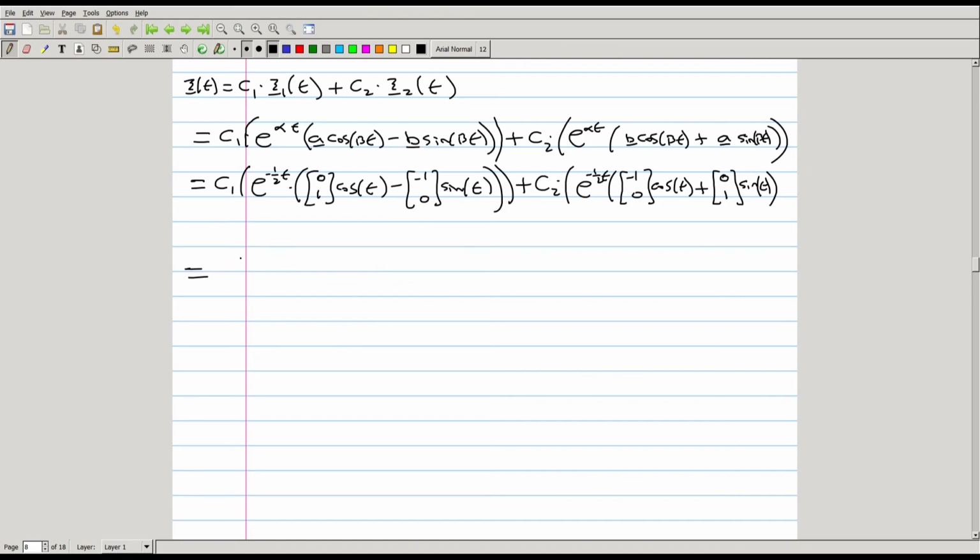For the x component, it'll be C1 e to the negative 1/2 t times sine of t, plus C2 times e to the negative 1/2 t cosine of t, with a negative sign.